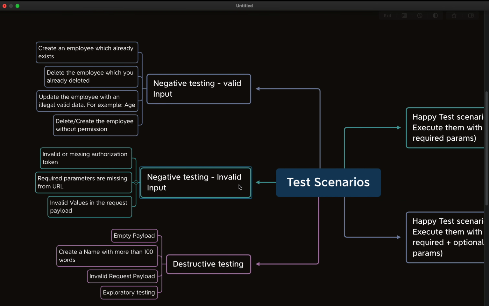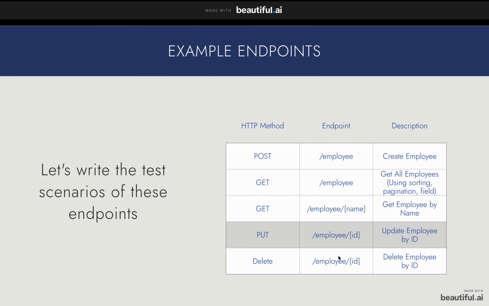Then we have negative testing of invalid input. What invalid input means here is that suppose you have to delete a resource or create a resource, but for that there are two types of authorization. First is that you are an admin, or second is you are not an admin, you only have read access, you don't have write access.